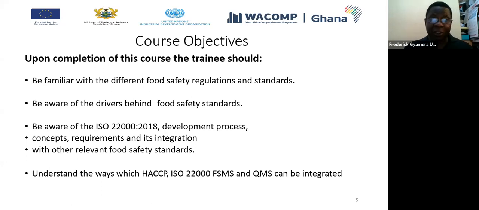And most of them have also been adopted by the Ghana Standards Authority, both the standards and the codes of practice. So you can have it. And then the food safety regulation, you can have it in our law books. Also, we anticipate that you will be aware of the drivers behind food safety standards.